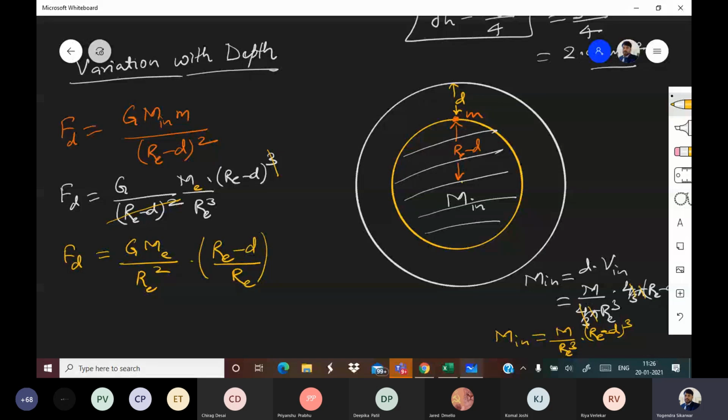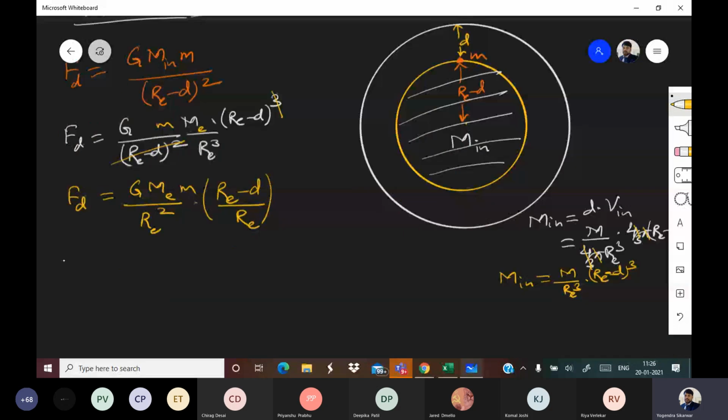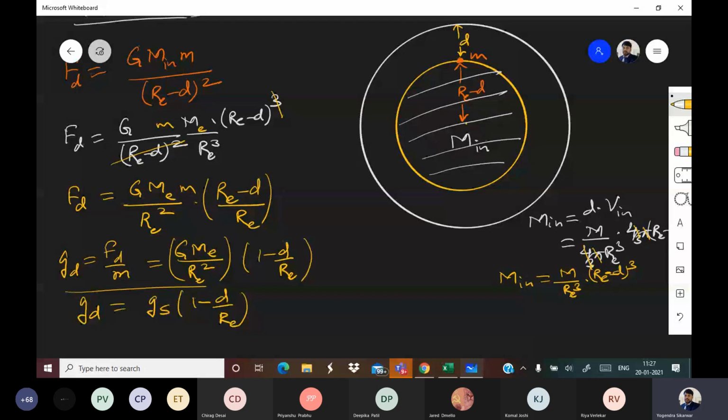There is one more small m, because as of now we have not gone to g_d. So g_d is equal to F_d by m, and that is G M_E upon R_E square into 1 minus d upon R_E. So g_d comes out to be g_S into 1 minus d upon R_E. Please note everyone.